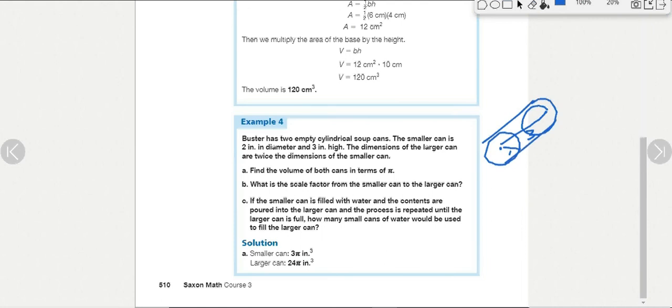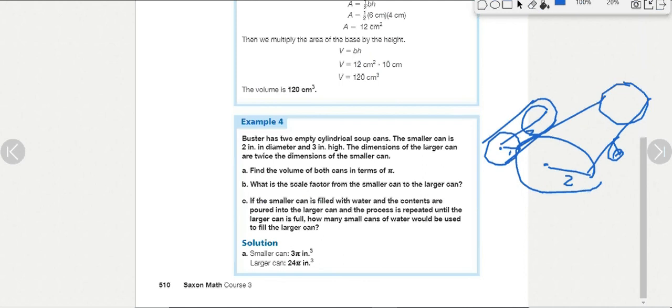Larger can are twice that, so you'd have a radius of 2, going back 6. Find the volume of each.